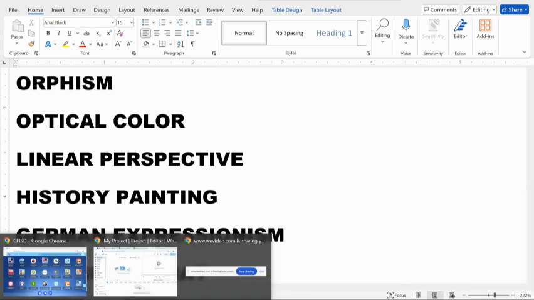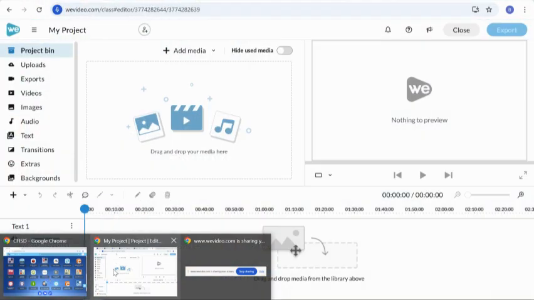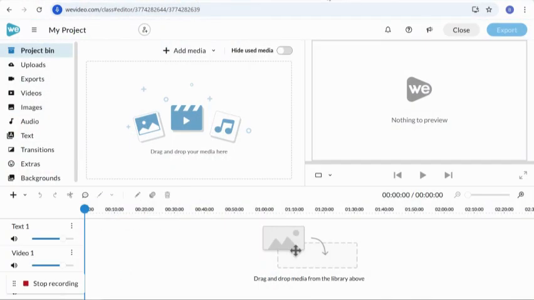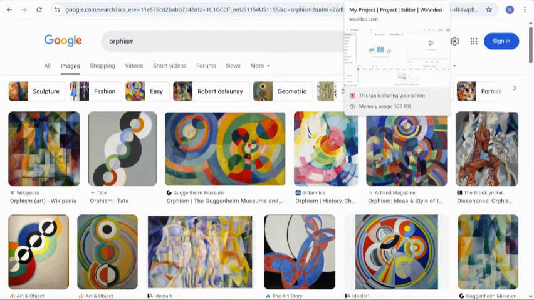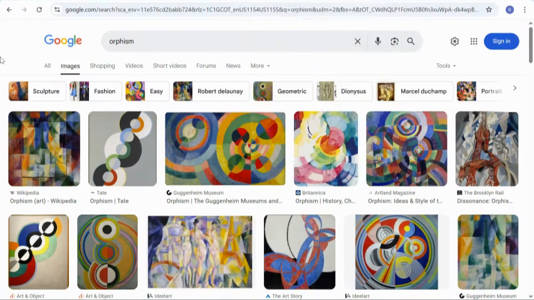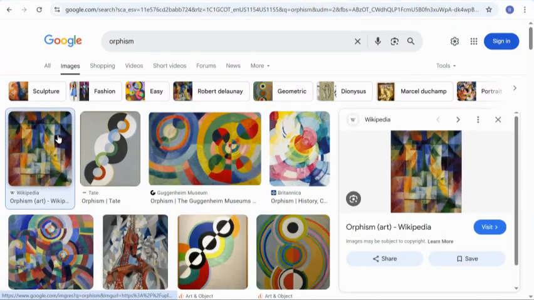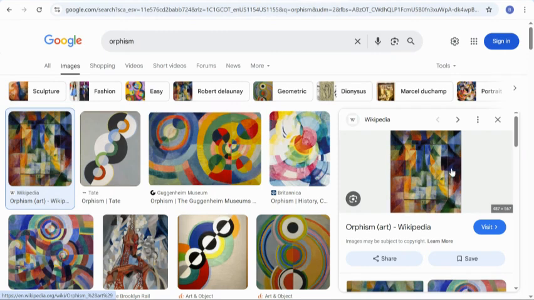Orphism is a splinter of Cubism, and I was talking about Orphism with my other class. This is Orphism, especially this one right here. It's Cubism, but there's really no subject here. It's just color.